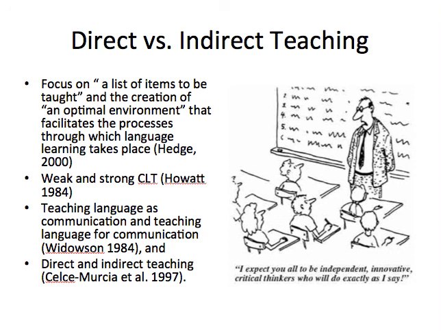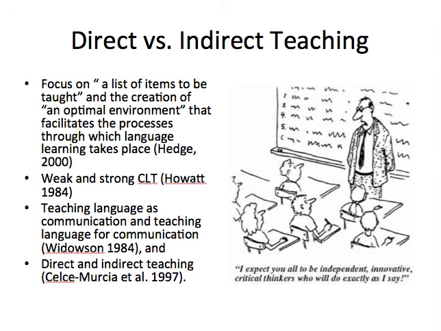And a similar distinction is made by Widdowson between language as communication and teaching language for communication. The easiest way to look at this is between direct and indirect teaching. And Sells-Mercier et al. 1997 give a very nice history of language teaching, how it's moved between direct and indirect and back to direct.